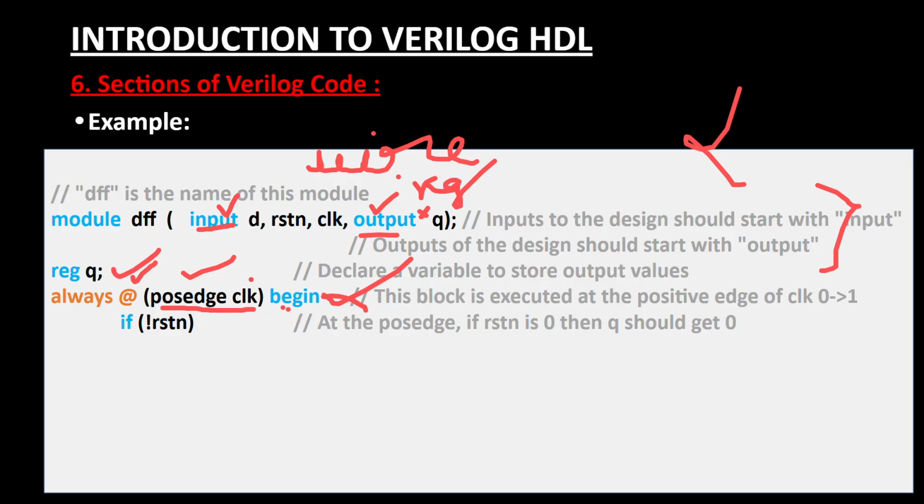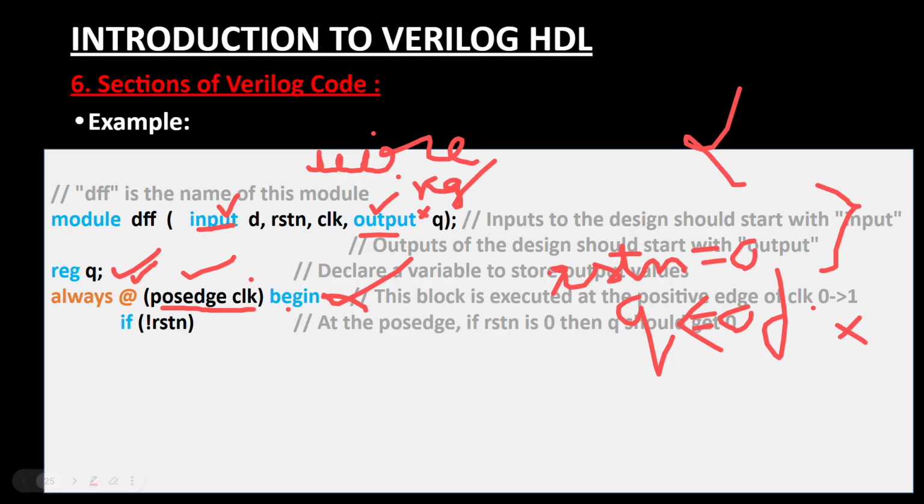Whenever reset is zero, the output Q is zero, irrespective of the D input. We are not considering any D input, right? That is the thing we are specifying.